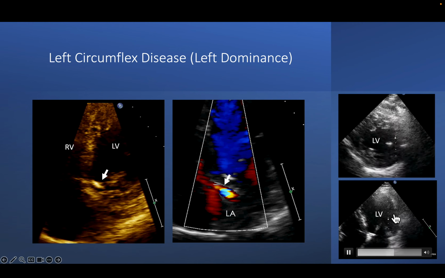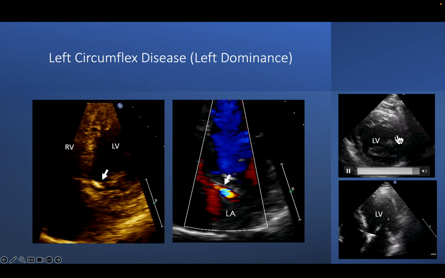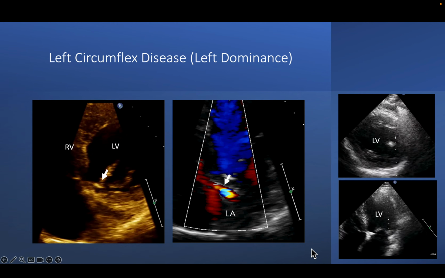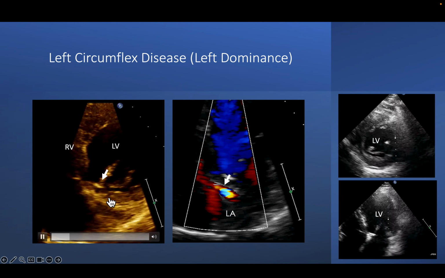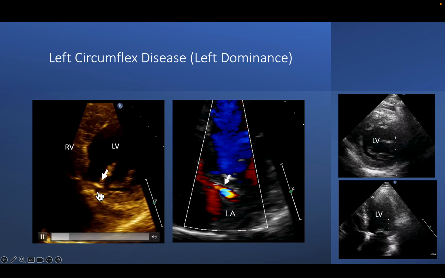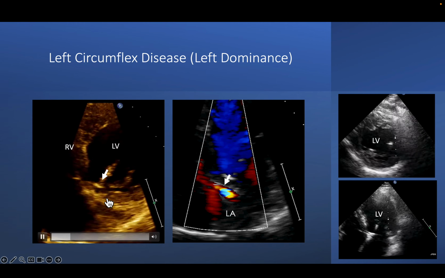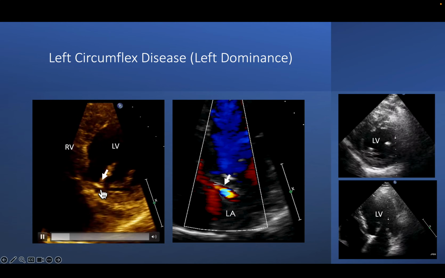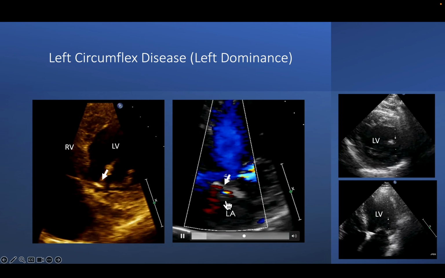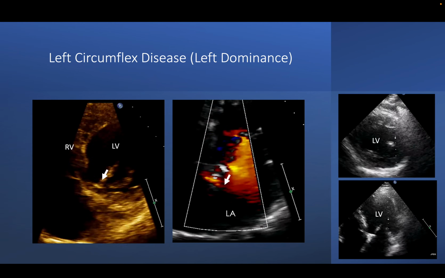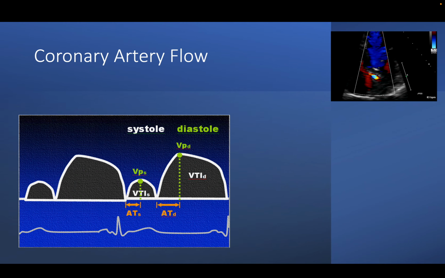So we understand this area is represented by circumflex disease, and once we visualize the coronary arteries, we see the circumflex in a left dominant circulation patient, where we had a calcification of the coronary artery leading on to stenosis of the coronary artery here, with increased aliasing.